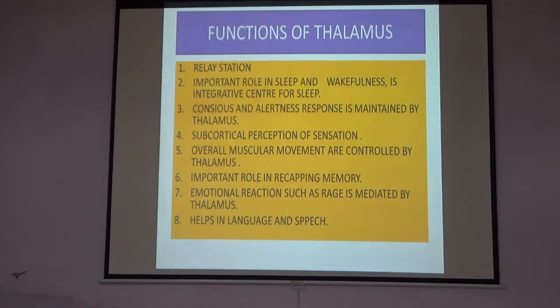Then the second important function is that it has a very important role in sleep and wakefulness and is an integrative center for sleep. When we talk in much detail, as a separate chapter, on sleep and the RAS system, we'll again see this function of the thalamus. Then the third function is that the conscious and alertness response is maintained by the thalamus.